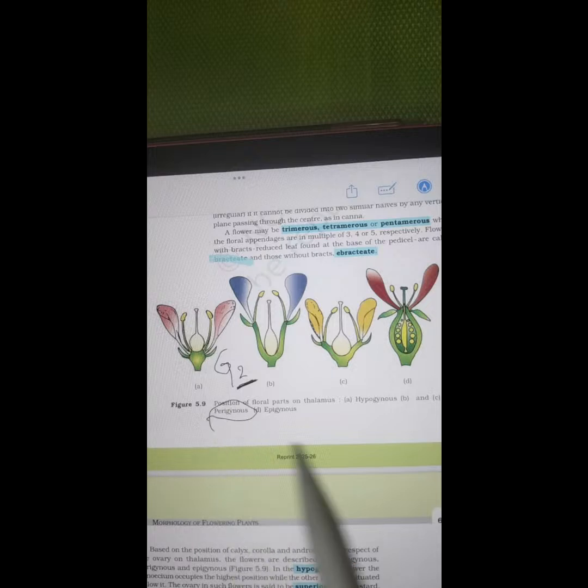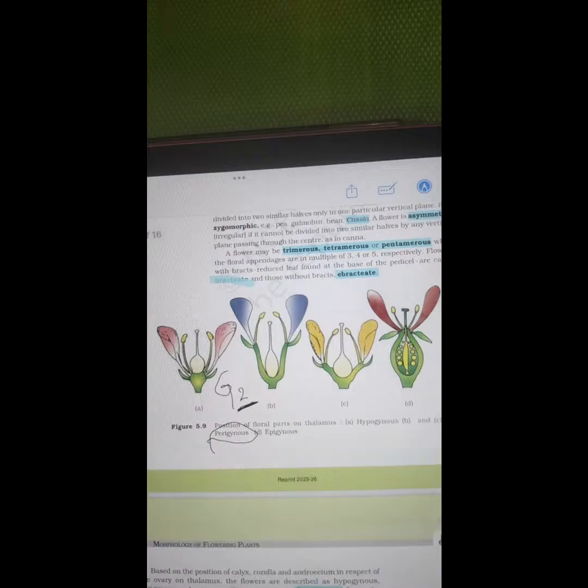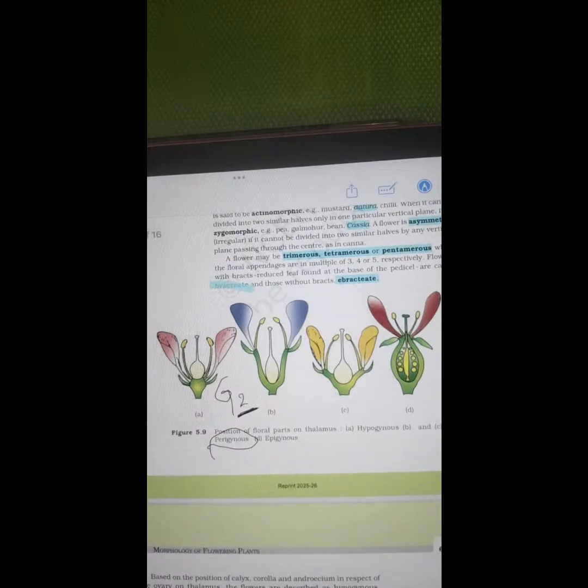This one is the perigynous one. Perigynous ovary is half inferior, meaning it is located at about the same position as the other whorls, whereas the epigynous condition, shown to you in the last one, is the inferior ovary, in which the ovary is located at the base, but the other whorls are at the top.